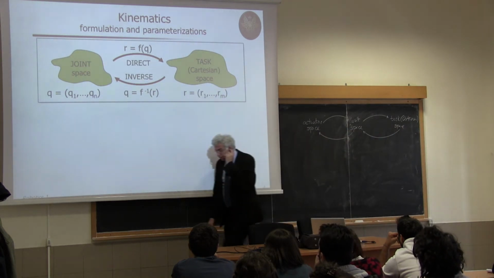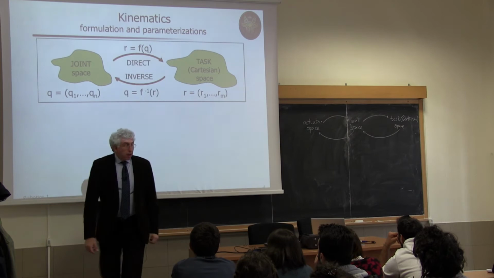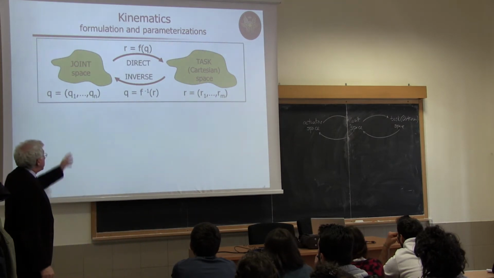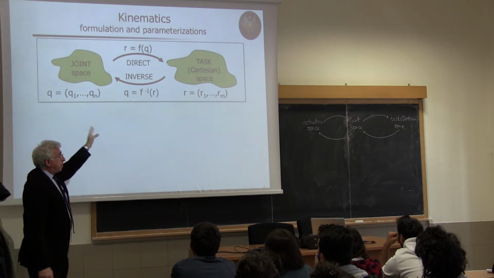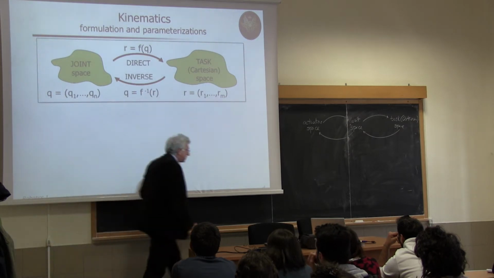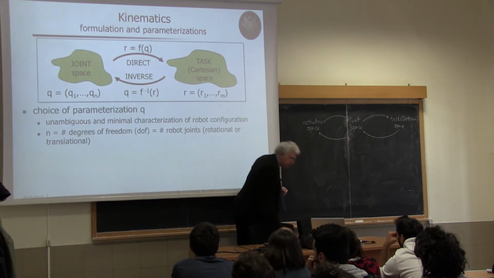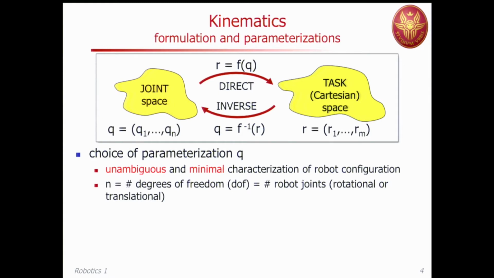So with this in mind, we have a problem of parameterization. The first choice that we have to make: we have a space, so how do we describe where we are in this space? We need a parameterization. Let's start with the joint space.